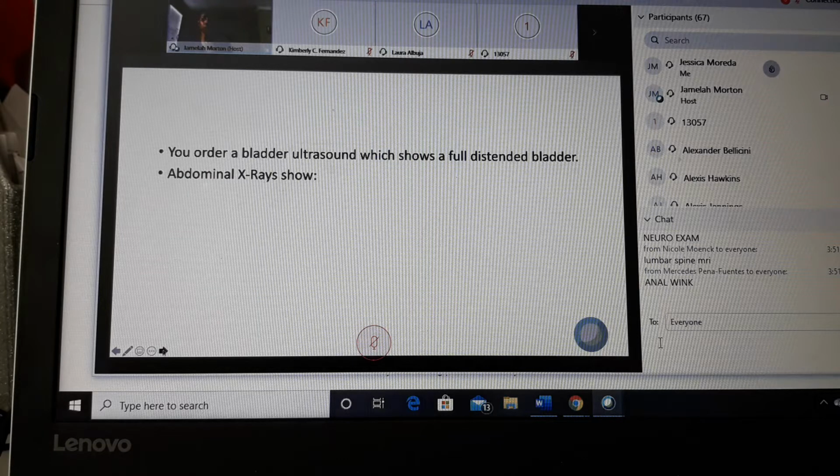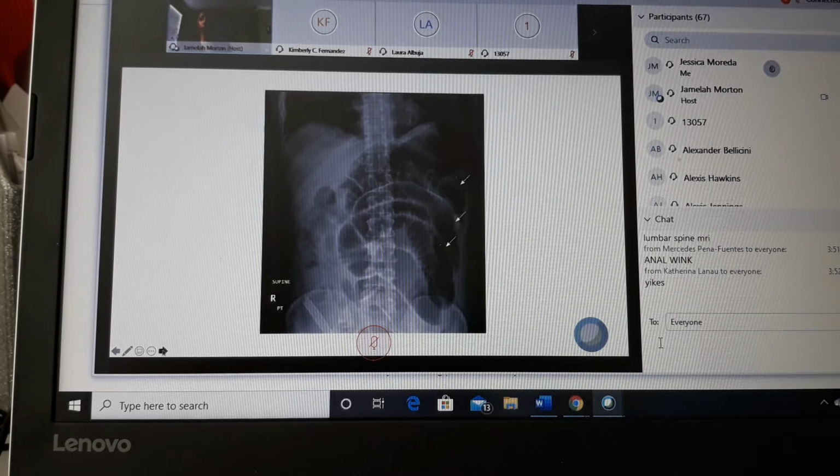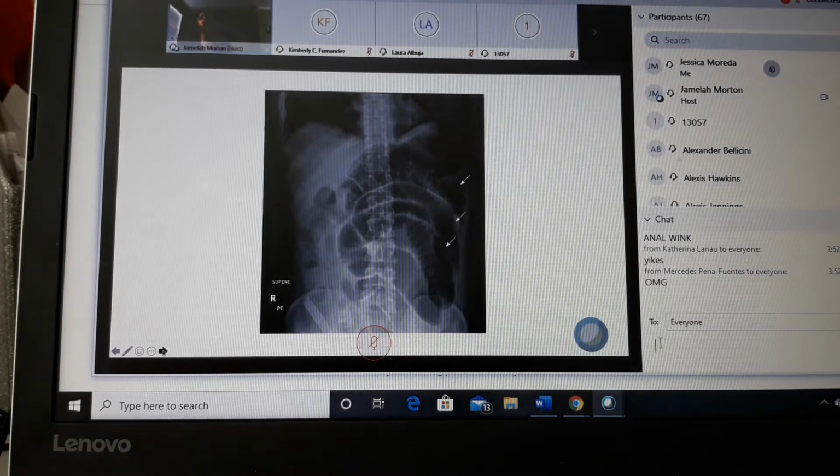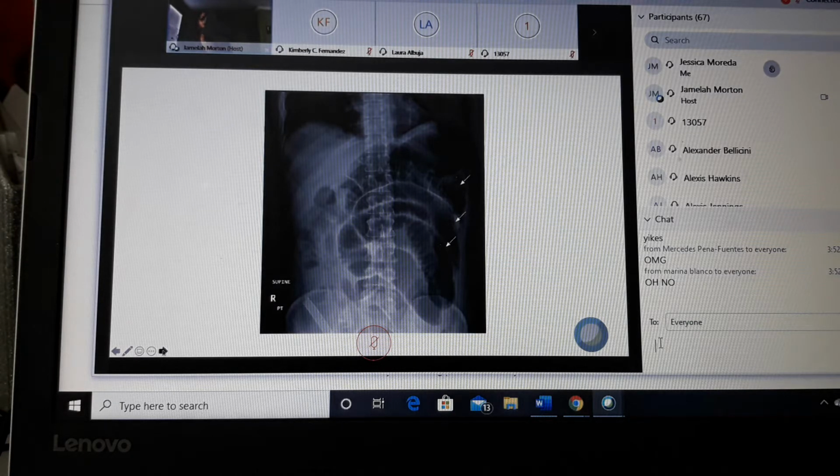If he does, you order a bladder ultrasound, which shows a distended bladder, and you did abdominal x-rays, which show this. You have not done MRIs or imaging yet, but that x-ray doesn't look good by any means, correct?